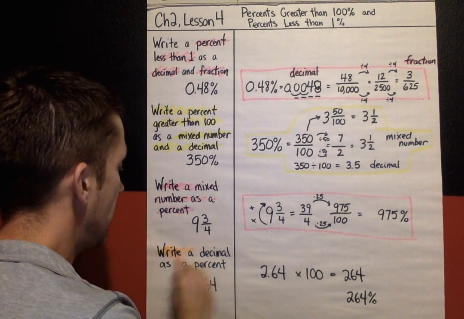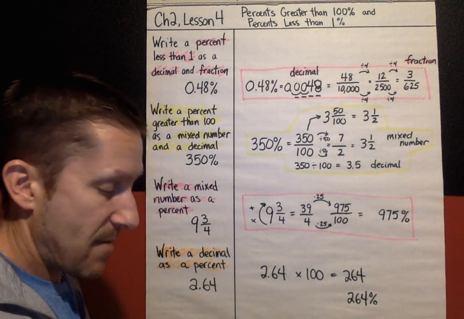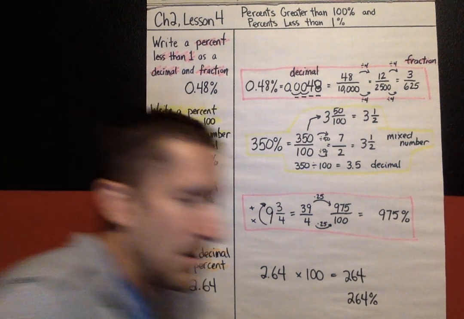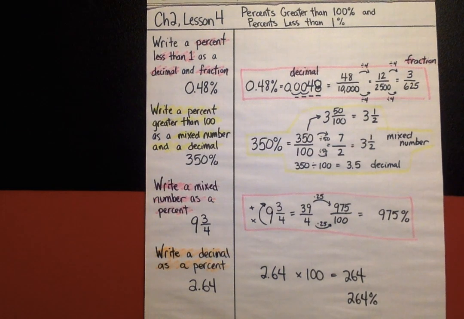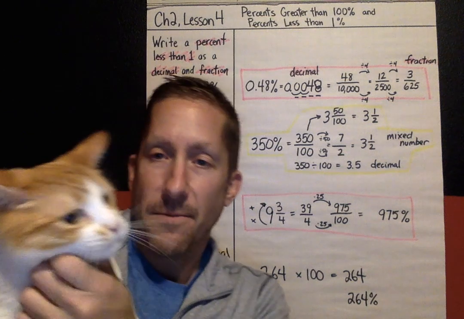Oh, I hear somebody at the door. I'll be right back. I hear the math cat. Hi, Frank. Hi, buddy. Frank was at the door. He wanted to say hi. Say hi, Frank.